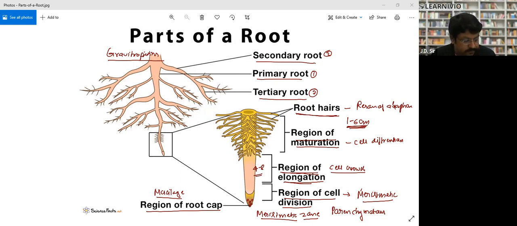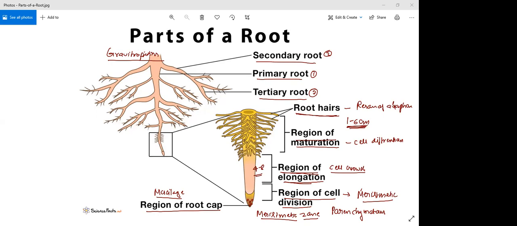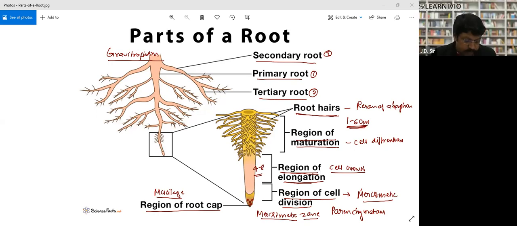The region of maturation forms the bulk of the root part. Full stop.